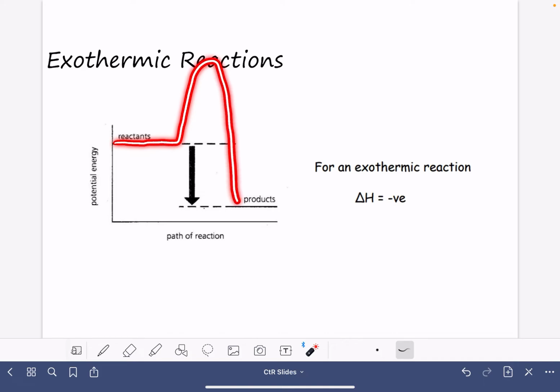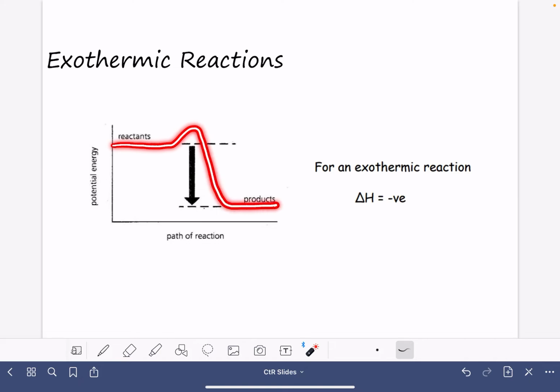So it could be lots and lots of bonds that are very strong, or it could be not many and they're not that strong, okay? So the height is not what we're talking about right now. We're just talking about the difference between the reactants and the products. Now, because the energy has come down, this energy goes out, it leaves the reaction, and so the change in energy, delta H, or the enthalpy change, is negative.